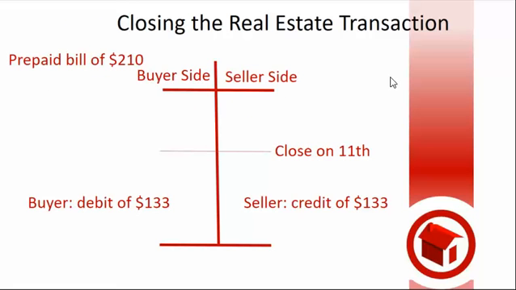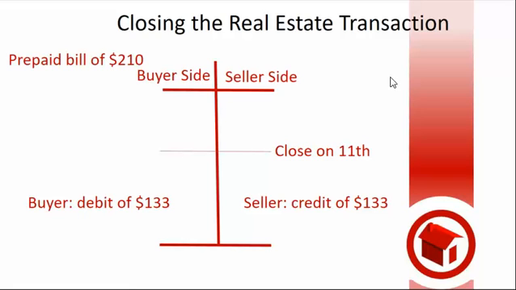All right, so let's go through an example here. I want to go through this so we can practice it. And I like to draw it kind of like an accounting thing. There it is. So let's assume we have a prepaid bill of $210.